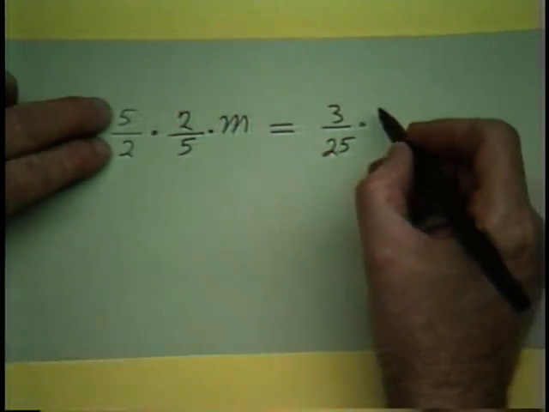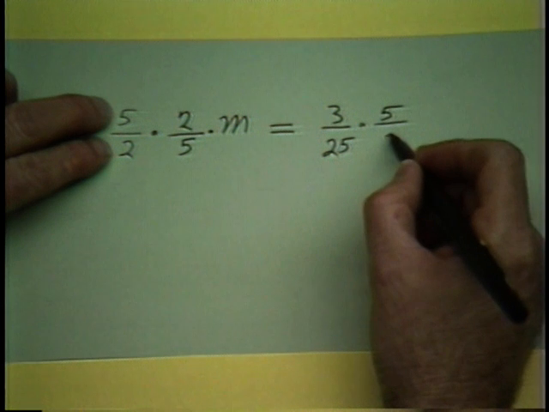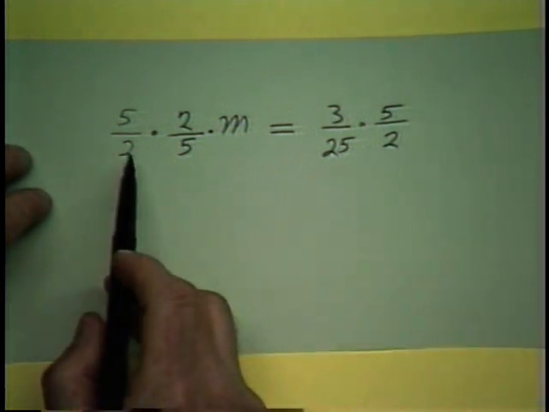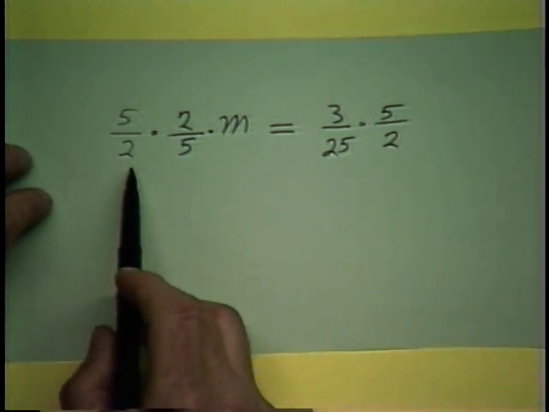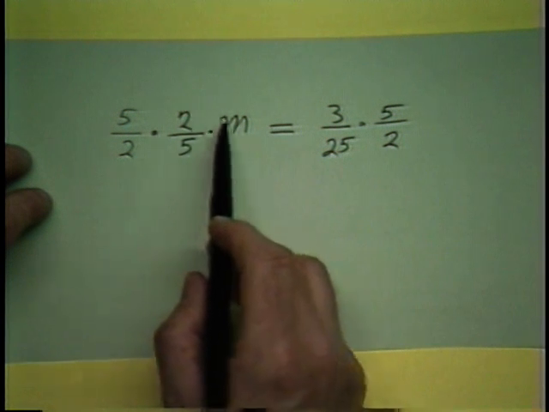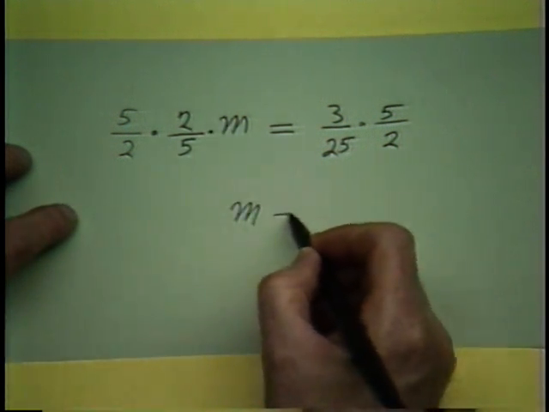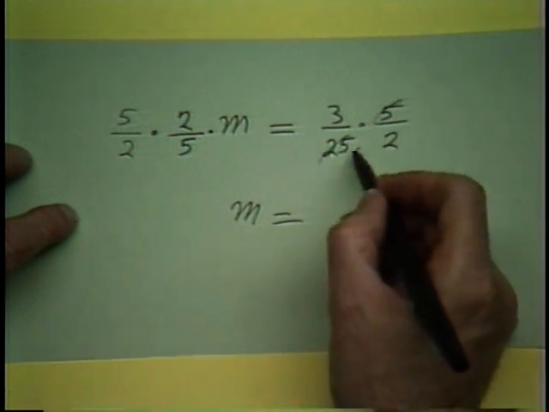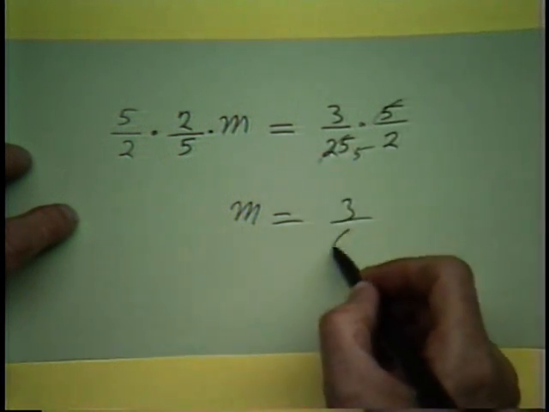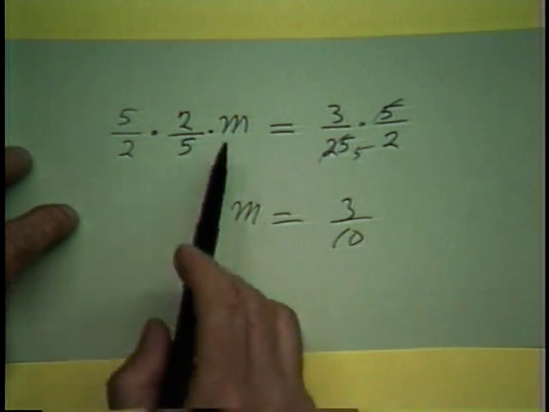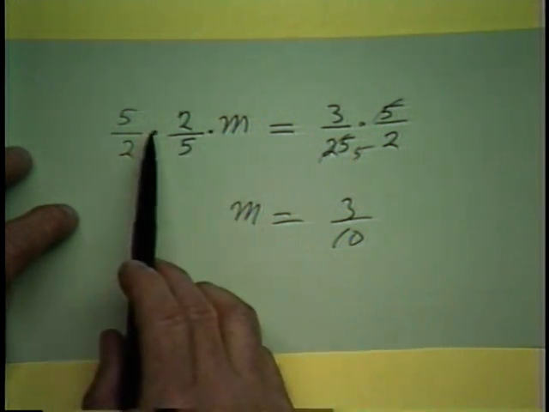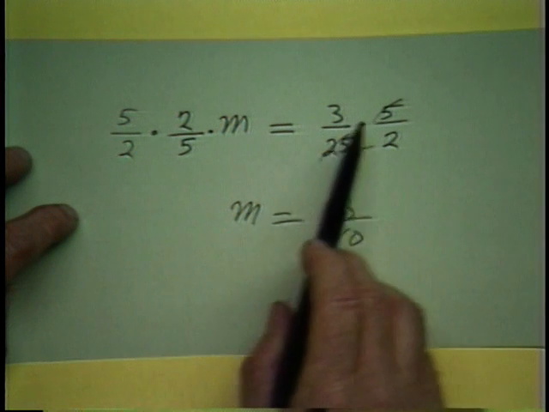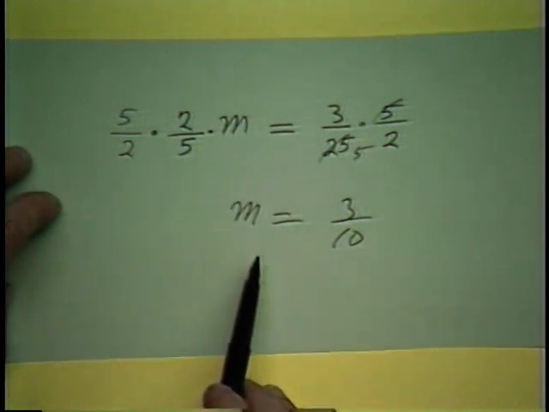And of course, both sides of the equation. And we know that a number times its reciprocal is 1 times m, which is what I'm after. Then again, follow through here, and you still get 3/10.